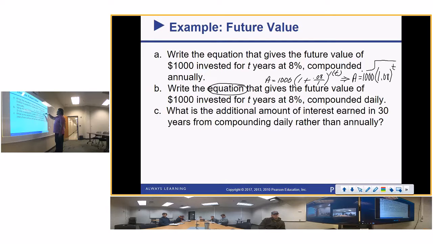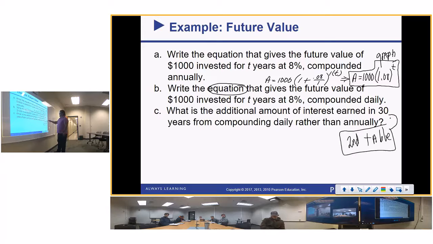This is the equation, and then you would graph this, and then what would you look at here? Second table, and you would look for X is equal to 30. So go ahead and do that right quick. Make sure you can do that on your calculator. That's a test question also.